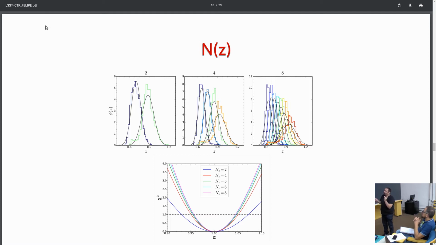But on the other hand, if you put a lot of redshift bins, you have a very small number of objects in each bin, and this will make your shot noise greater than you may want. The ideal here was that we found that 4 redshift bins was better, because after 4 we don't have much modification, but you don't have to pay the price of a large shot noise.